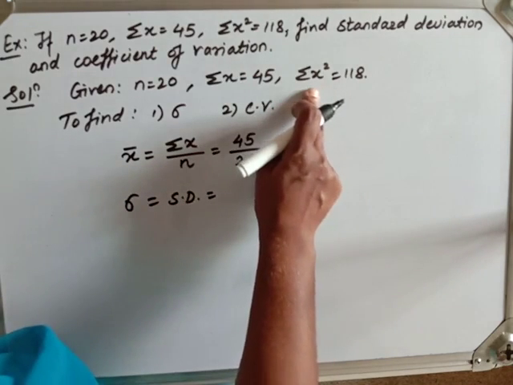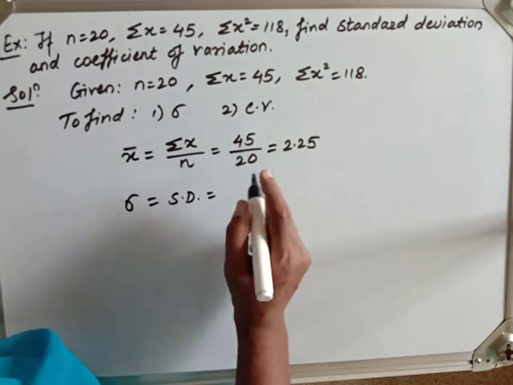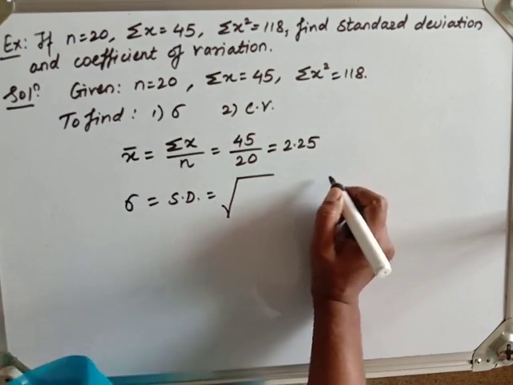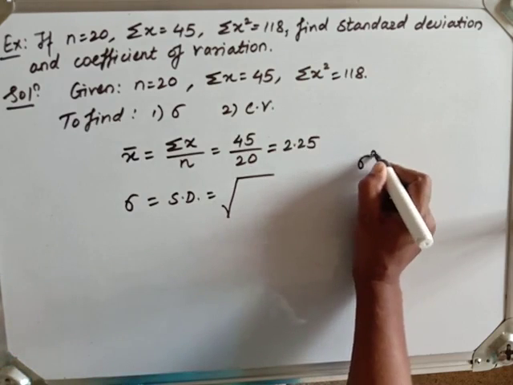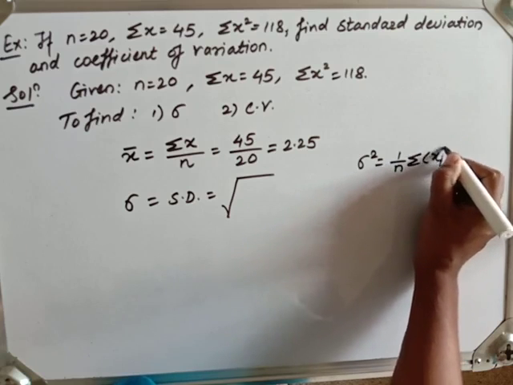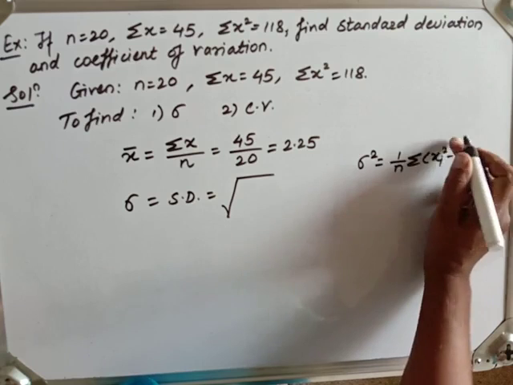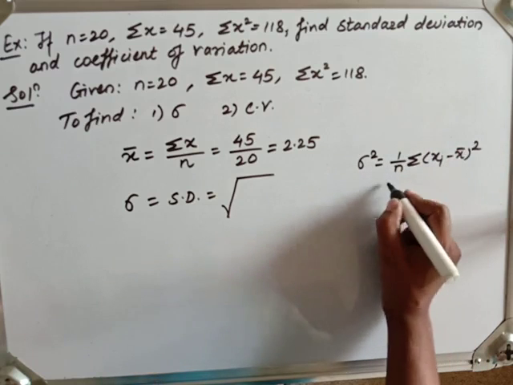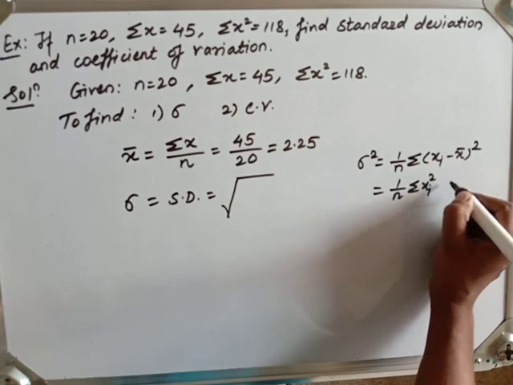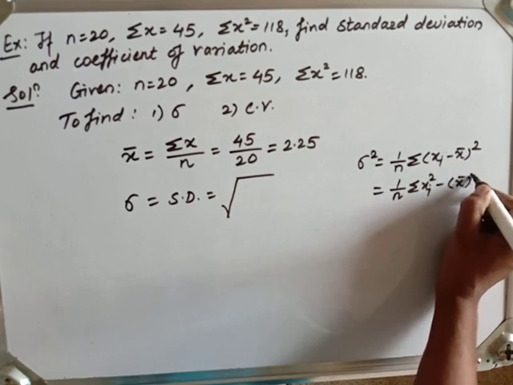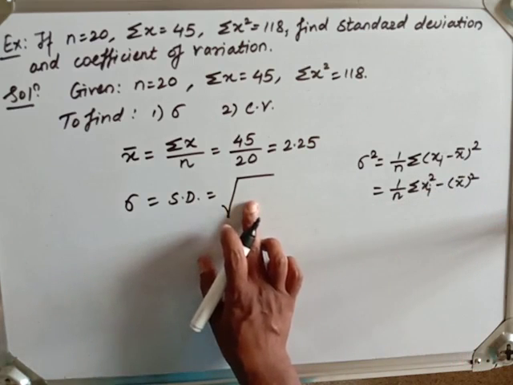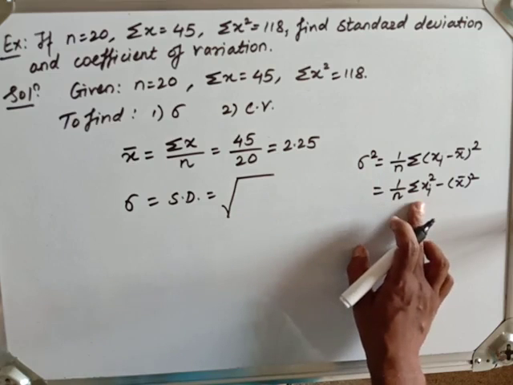Here summation x square is given to us, so let me use the result for variance: 1 upon n summation xi square minus x bar square. This is the simplification of 1 upon n summation of xi minus x bar whole square. Standard deviation is the positive square root of this.